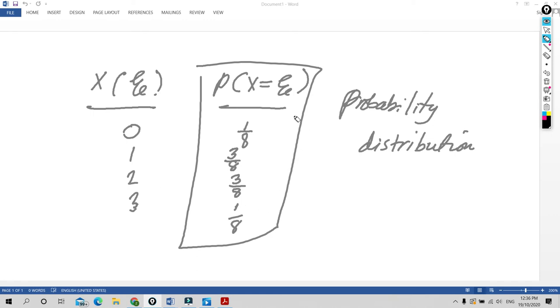We have to make sure that the total, the summation of p of x, where small x refers to 0, 1, 2, and 3, must equal 1. The total here must equal 1. This is how we develop the probability distribution. Okay, this is a probability distribution.